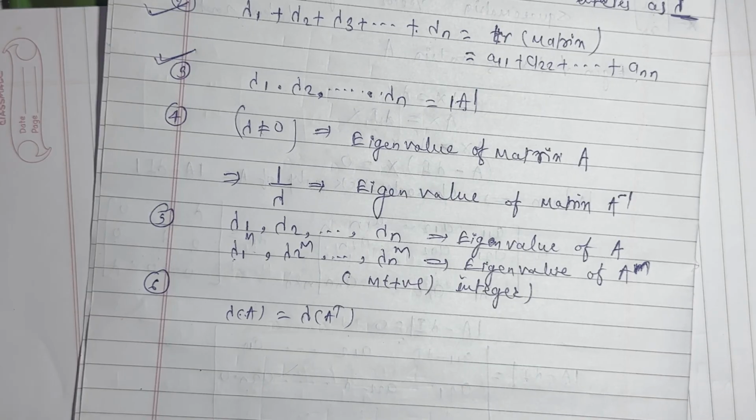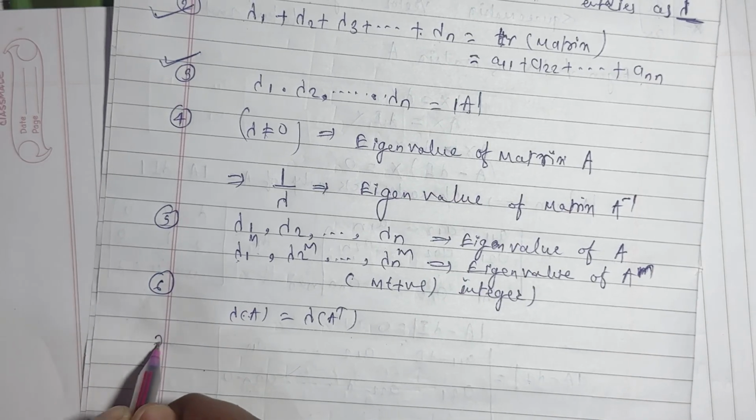Next remark: if lambda 1 to lambda n are eigenvalues of matrix A, then what are the eigenvalues of K times A? It is very easy, guys.